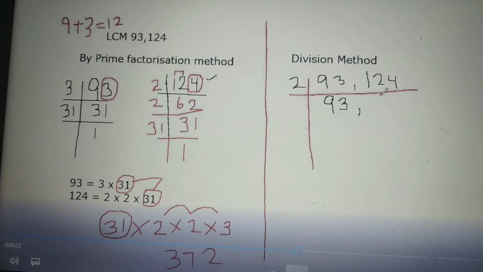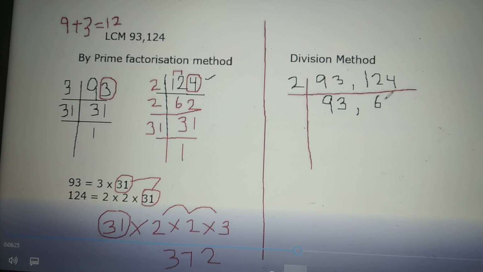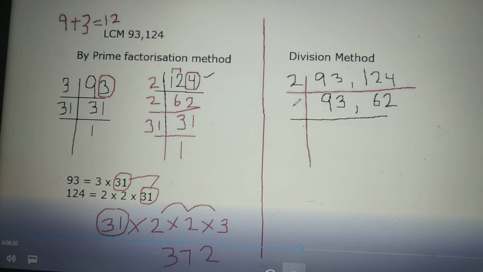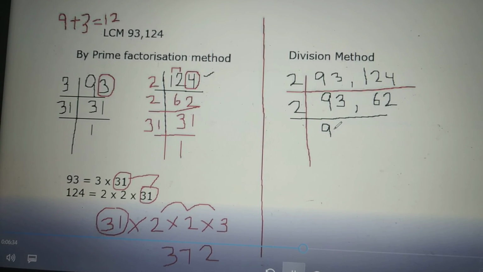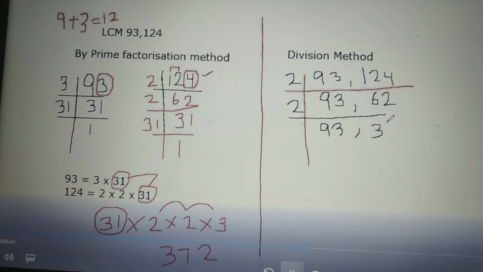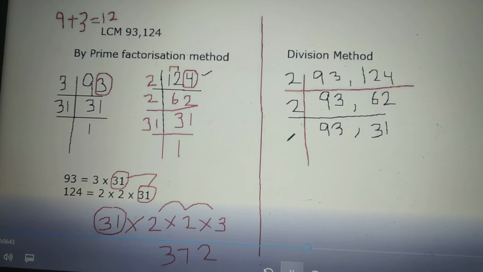If I divide 124 by 2, I will get 62. Now look again, 62 can be divided by 2 and 93 doesn't come in the table of 2. So I will write 93 as it is and divide 62 by 2, and I have got 31.